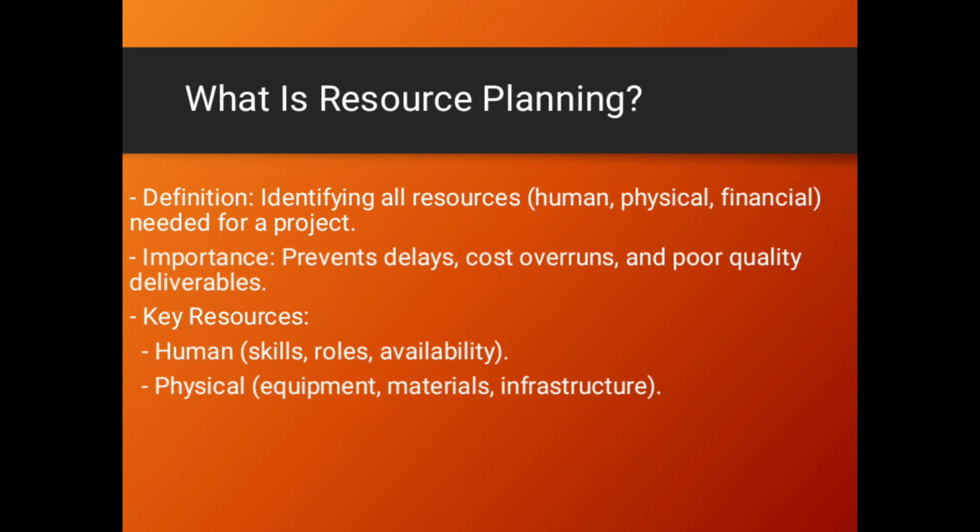Let's go to another resource, that is the physical resource. Here we are talking of things like equipment, materials, as well as the infrastructure for a particular project. Then we have financial resources. That is, we are talking of the budget for the project.